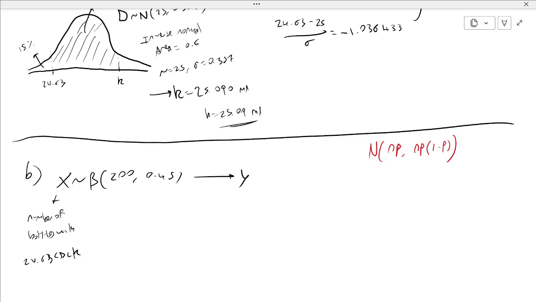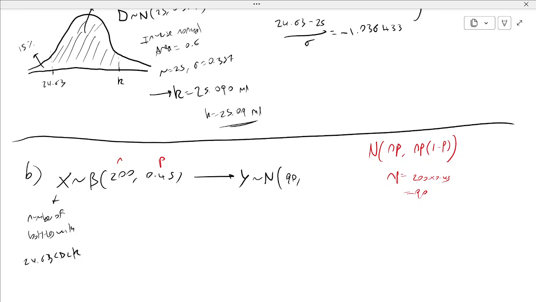If you look at the table underneath the standard deviation stuff, it has the binomial distribution, and it will say mean np and variance np(1 minus p). So Y is a normal distribution. Now np here, let's just calculate. Remember, this is n, this is p. n is 200 times 0.45, so that's going to be 90. Put 90 over here.